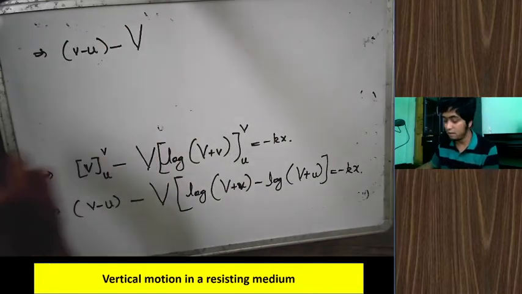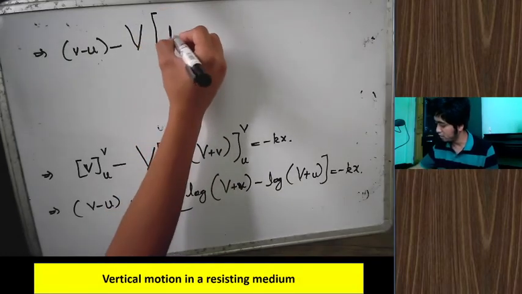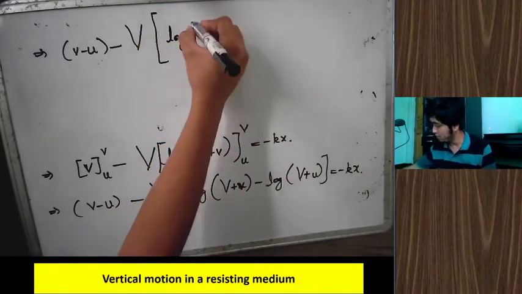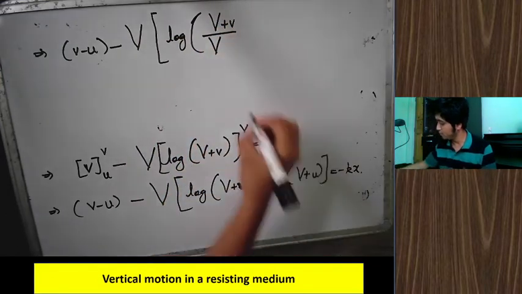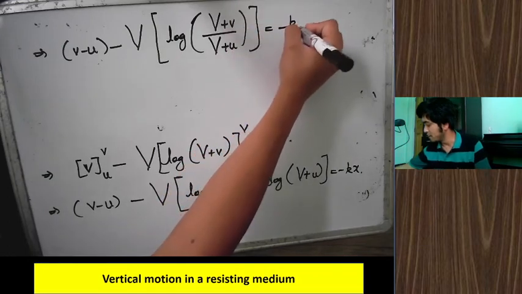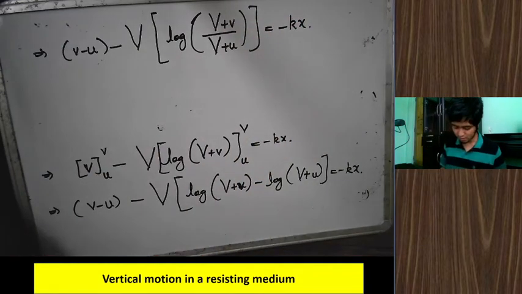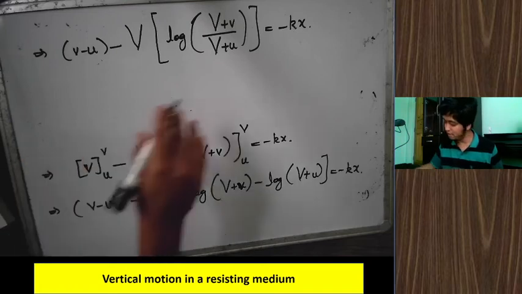Capital V, so over here we will be having log of V plus v divided by V plus u equal to minus kx. Okay, this is actually the required expression.